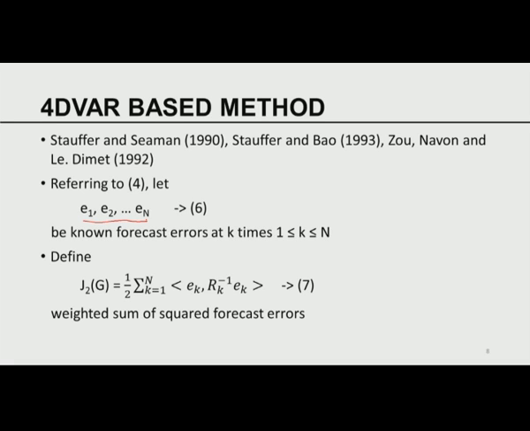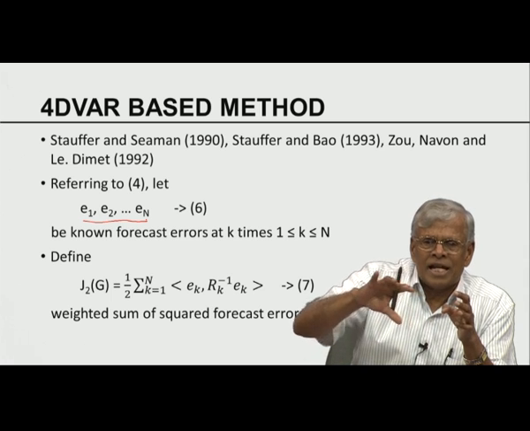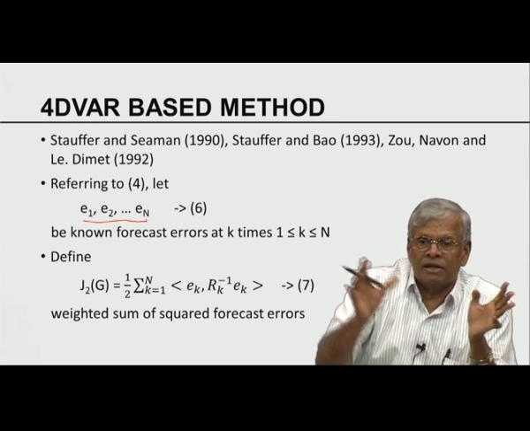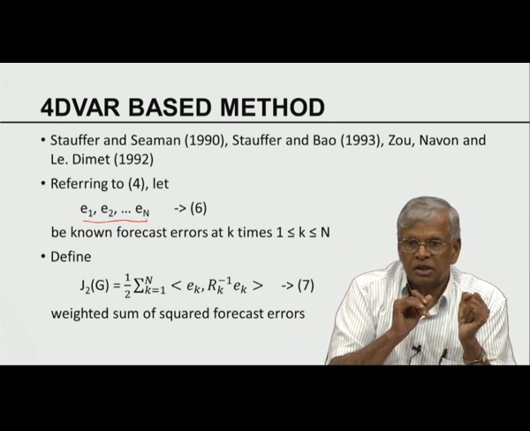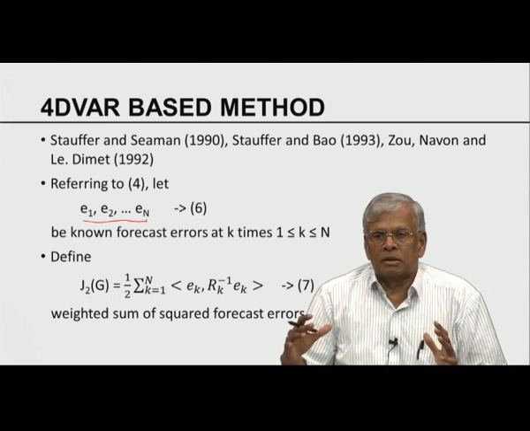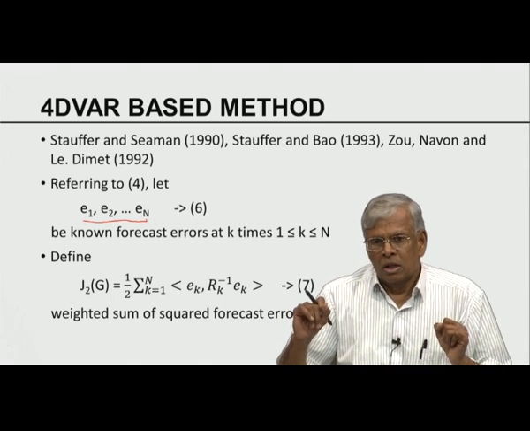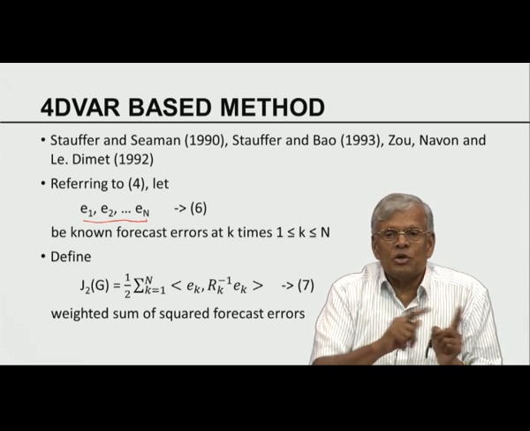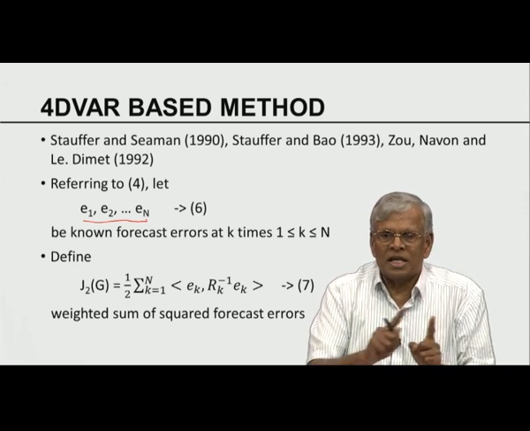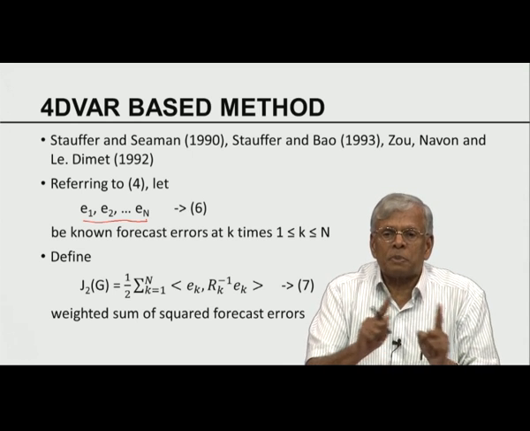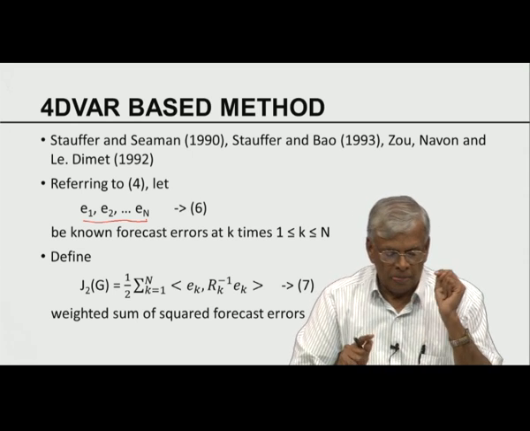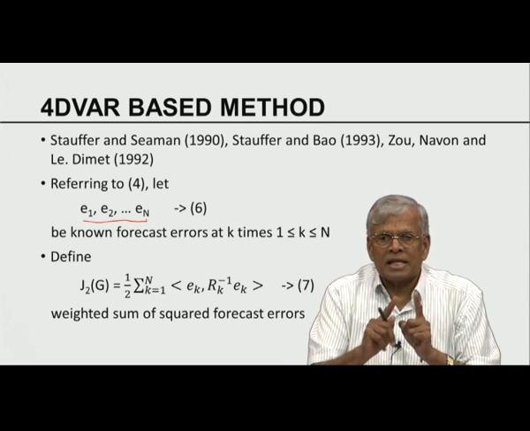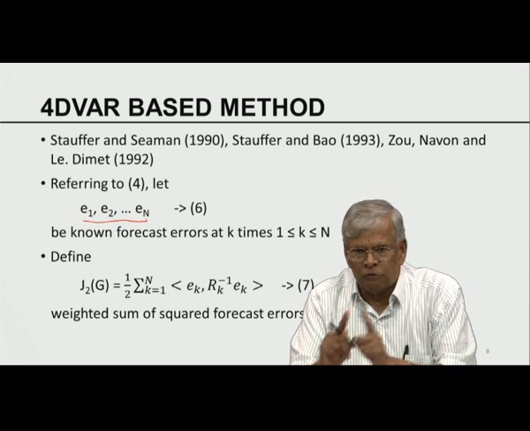While the original nudging scheme involves essentially adding a forcing to the model and letting the model evolve, these people coming from the 4D-Var methodology aim to design the optimal G. So they are doing an offline experiment. What is the goal of this offline experiment? Let us pretend that there are n observations. If there are n observations, then there are n forecast errors.